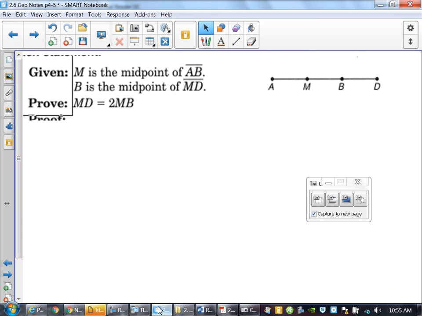Algebraic ones, when you know that x equals something, you have solved. The geometric ones, you're showing that something's congruent to something else, or equal to something else. In this case, we're showing that something is equal to twice something else. So we're going to use some algebra properties with this. We won't have to use solve if we're not solving for a specific value.